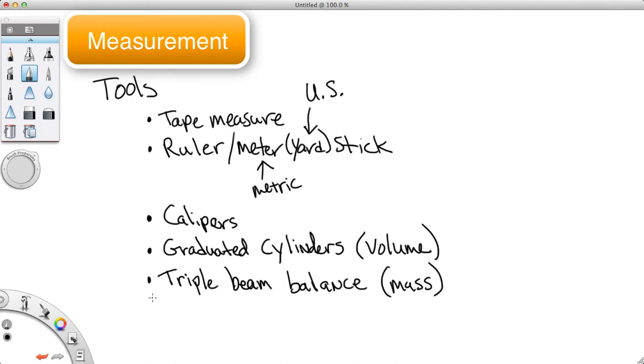Oh, and another really important tool that we use is a thermometer, which we use obviously to measure temperature. So, tape measure, ruler, meter stick, calipers, graduated cylinders, triple beam balance, and thermometer.